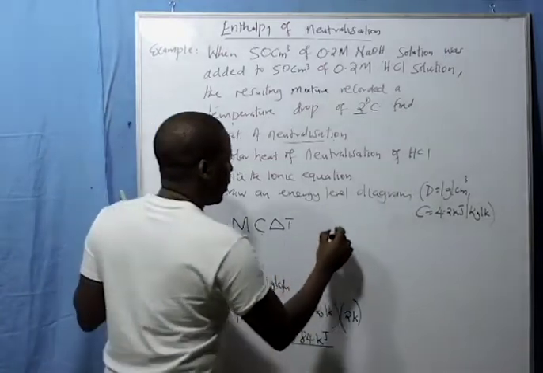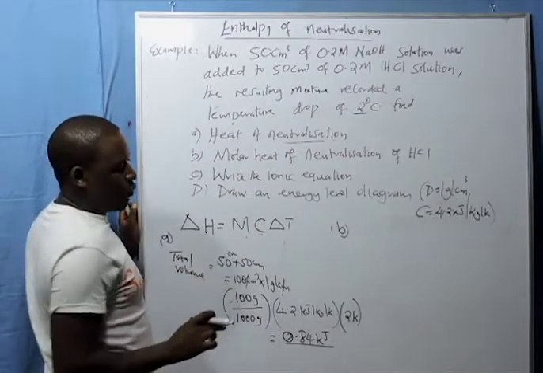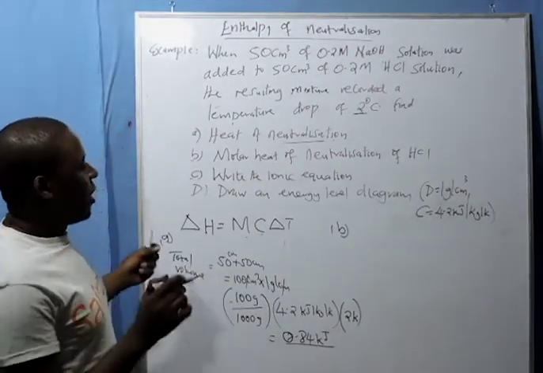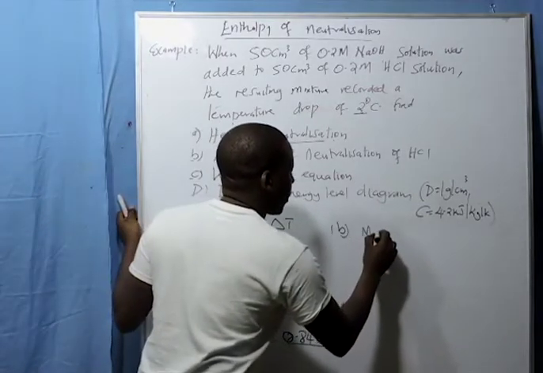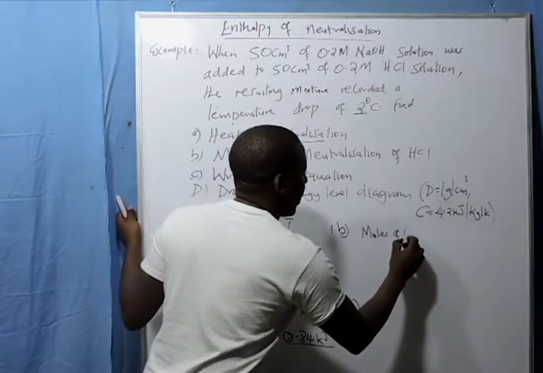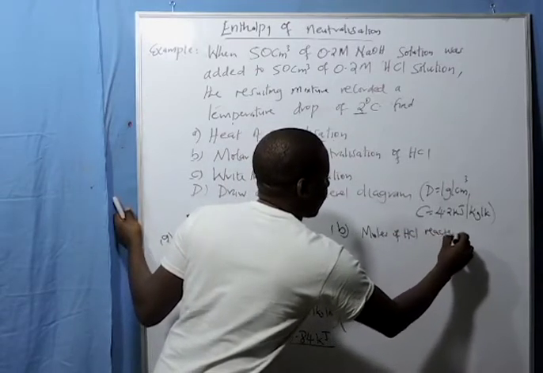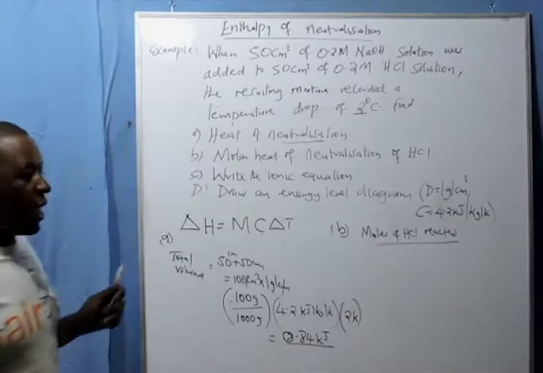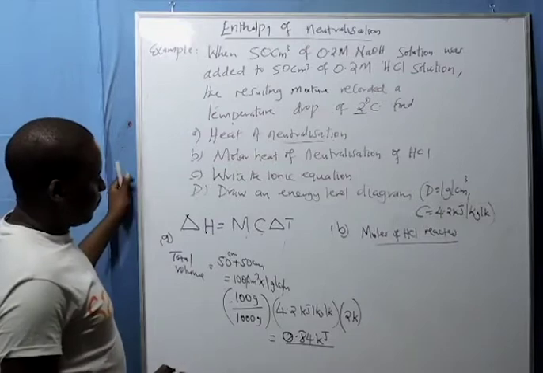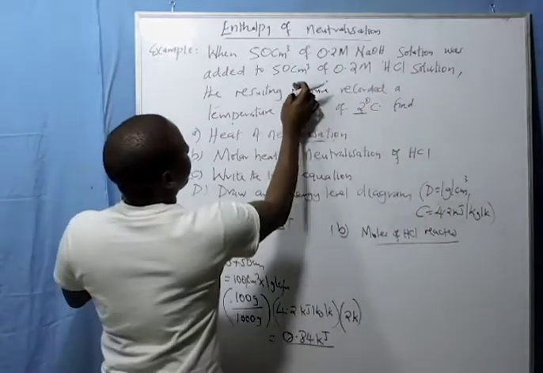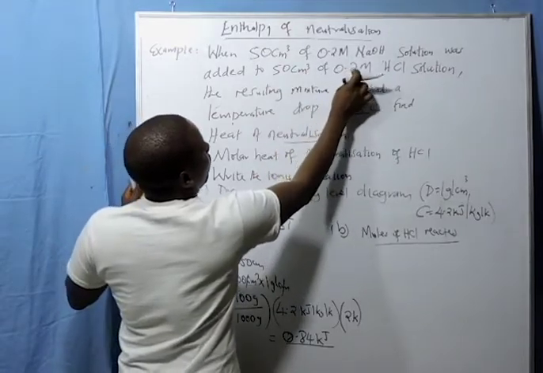Part B, you're told to calculate the molar heat of neutralization of hydrochloric acid. This is what you do. Find the moles of hydrochloric acid that reacted. The moles are, you have 50 cubic centimeters of 0.2 molar.